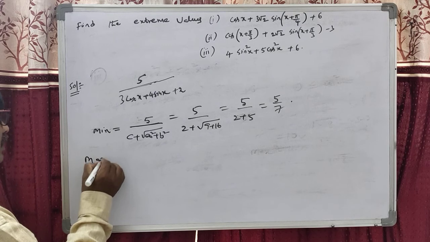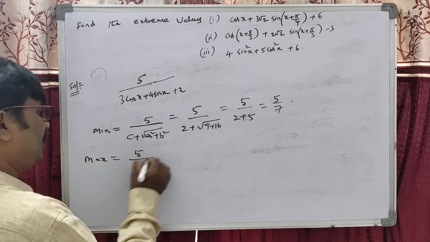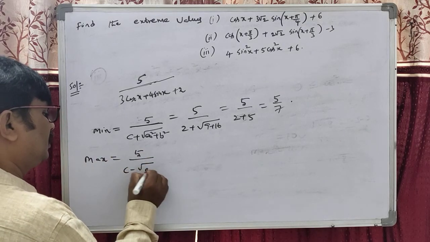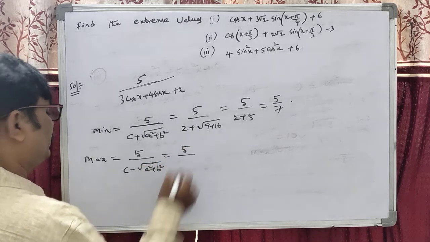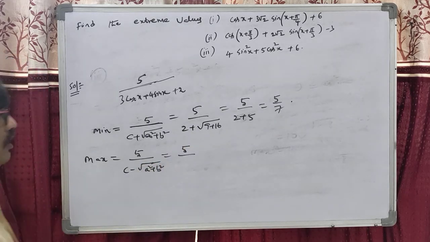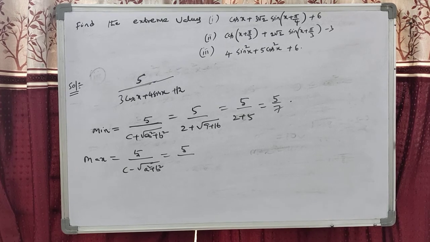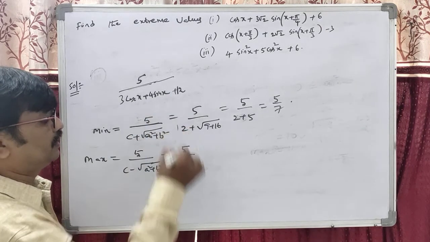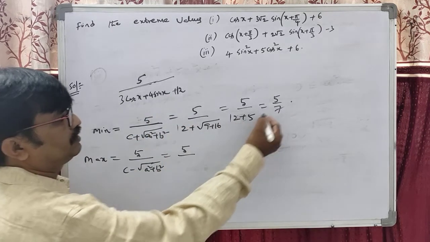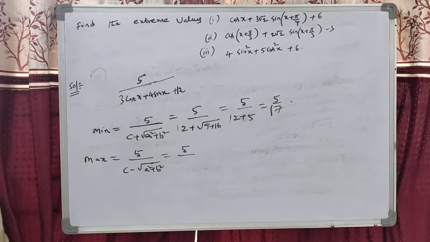Now the maximum value is 5 by c minus root of a square plus b square. What do we observe students? My dear students, here 5 plus c is 12, so 12 plus 5 is 17 for the minimum value.